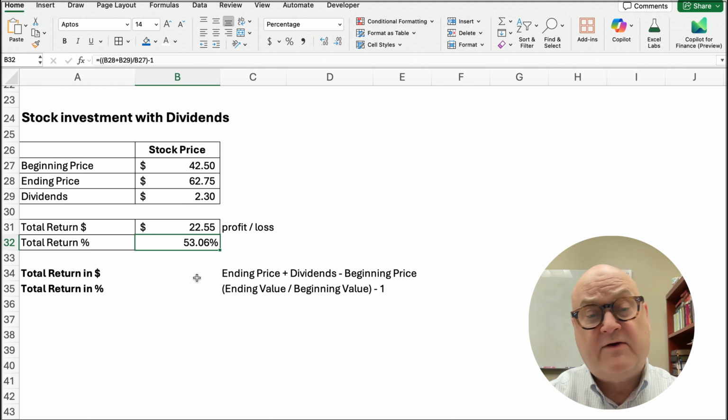Now, this is one way to calculate our rate of return, the total, but if this is for 1 year, that's fantastic. If it's for 6 months, it's even better. But if it's for 5 years, you earn 53% over 5 years. That's not as exciting an annual return.